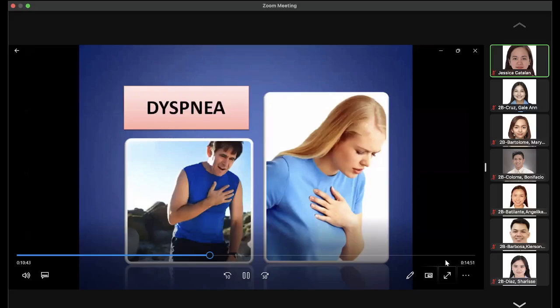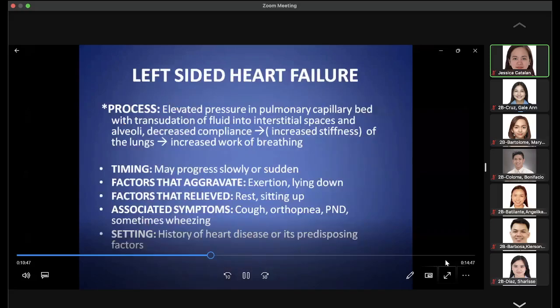How about dyspnea or difficulty of breathing? Difficulty of breathing may be a symptom of many diseases, and one would be from the cardiovascular system. The most common would be left-sided heart failure. The process in heart failure is an elevation of the pressure in the pulmonary capillary bed.